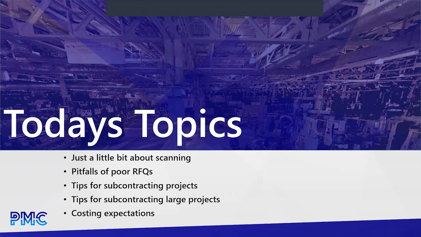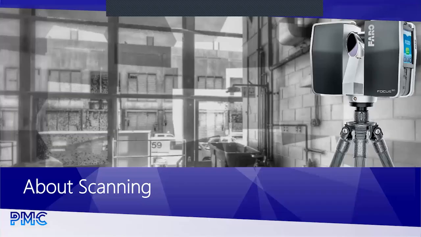Then we'll jump into the RFQ part of it and the contracting, with some pitfalls of bad RFQs, as well as some tips for contracting small and large projects, and then ending with some cost expectations of what you should maybe expect when you get the bids. Obviously, we don't know everyone's numbers, but these are numbers that we think are pretty standard within the industry.